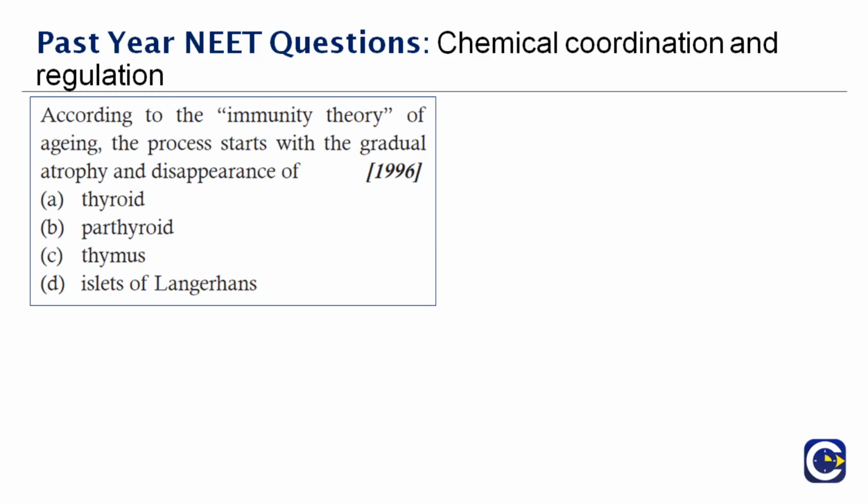Next question here. According to the immunity theory of aging, the process starts with gradual atrophy and disappearance of dash. I think all of you know what the answer is. There is one particular gland that decreases in size as one is aging.